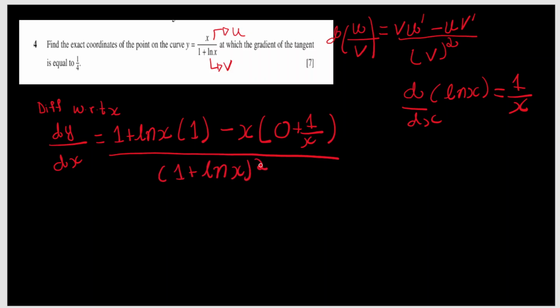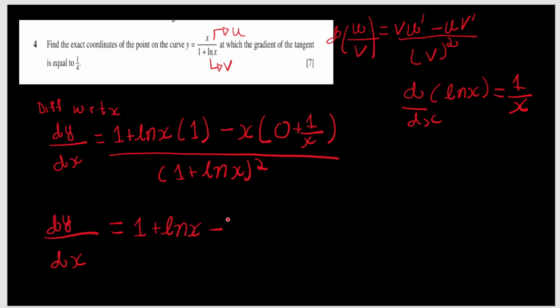So let's write it again as dy over dx is equal to 1 multiplied by 1 plus ln x. x is going to get multiplied by 0, we are going to get 0, so no need to write that. And over here x is going to get multiplied by 1 over x, and we're going to get 1, because x and x are going to get cancelled.